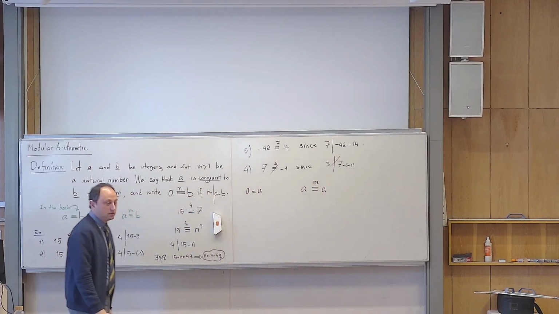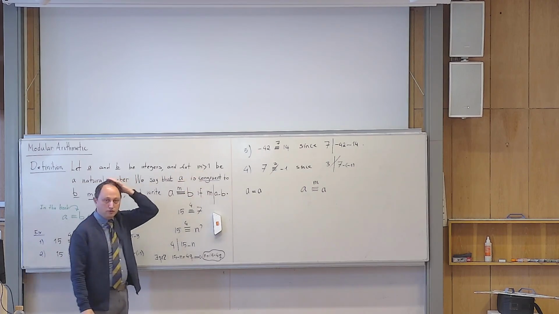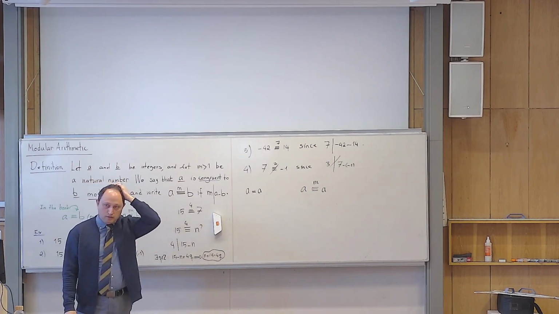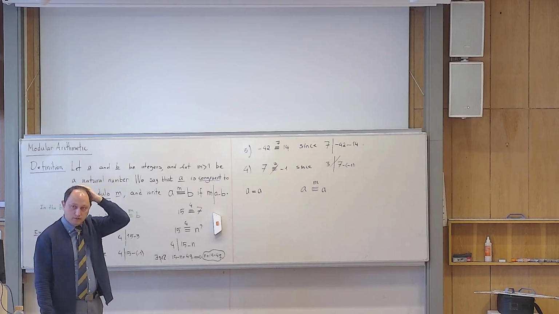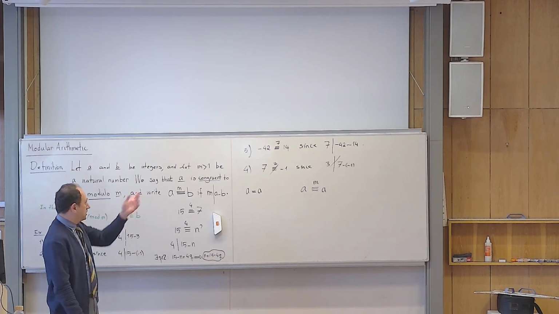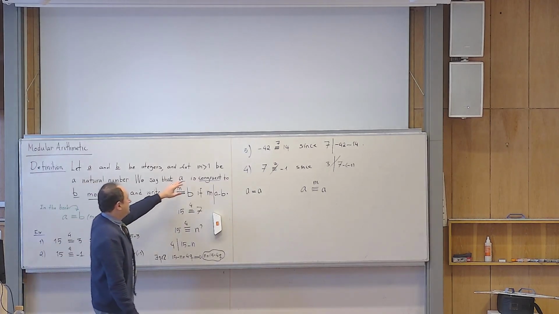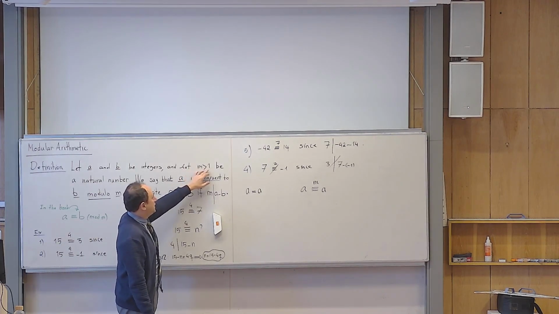By the way, why do you think I excluded 1 from being a module? Because anything divided by itself is 1? No, anything divided by 1 is itself. Okay, so why should we exclude it? I told you that the module should be greater than 1. In principle, I could also allow m being 1.